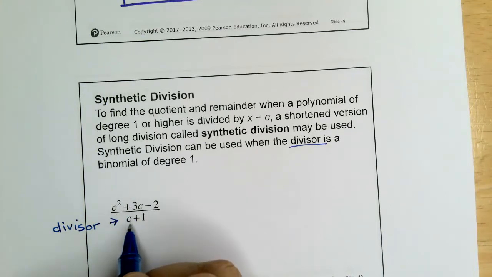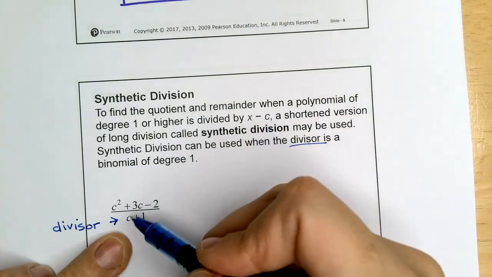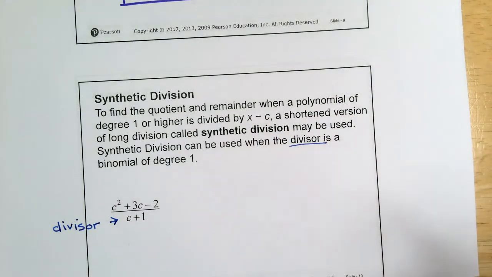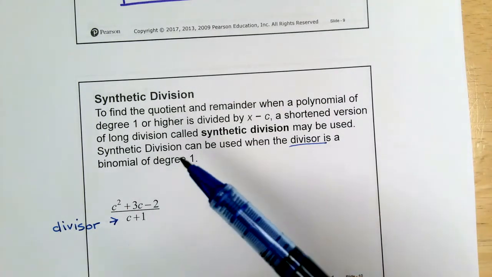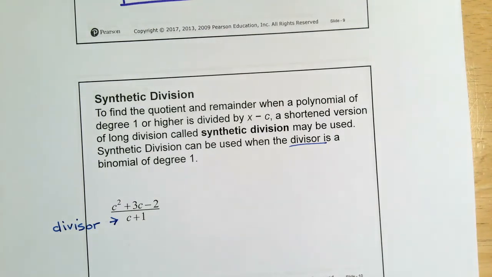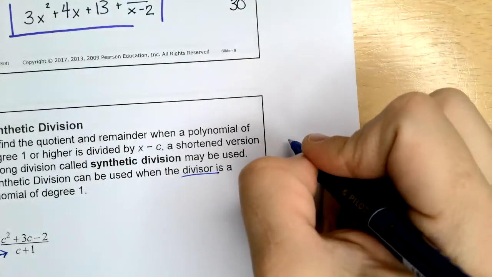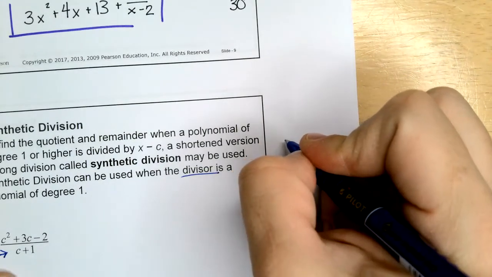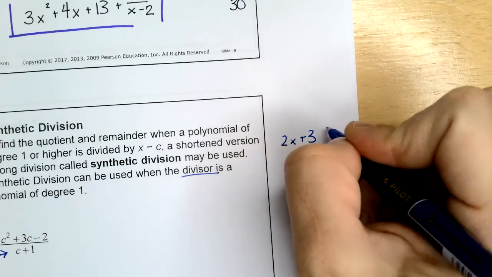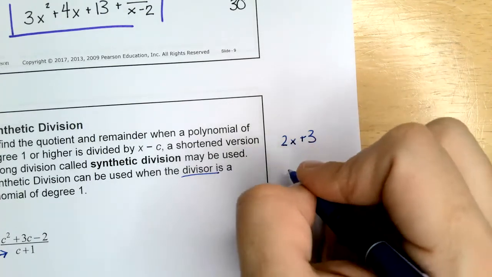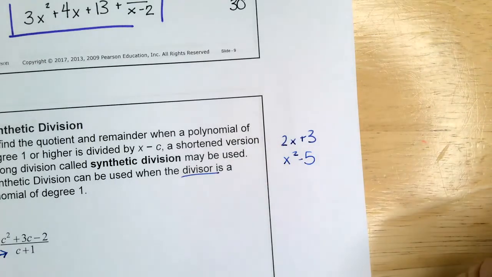It has to just be the variable x, whatever variable we're using, and then a plain number. For example, if our divisor was 2x plus 3, you could not use it. If our divisor was x squared minus 5, you could not use it.